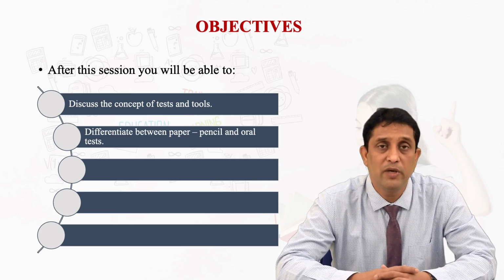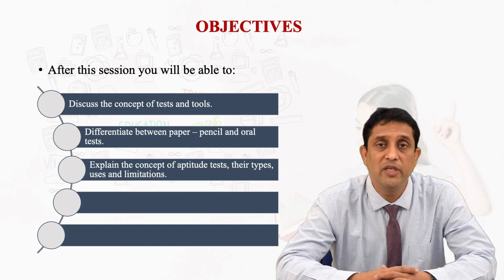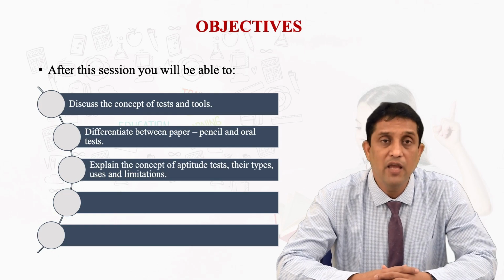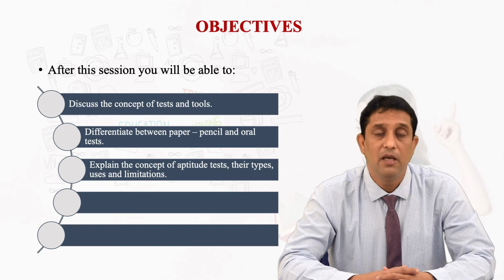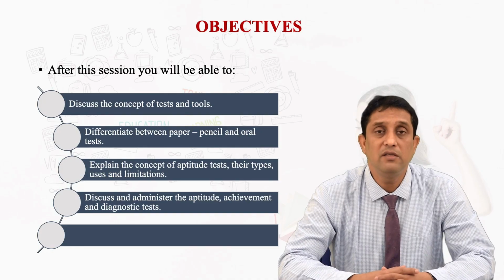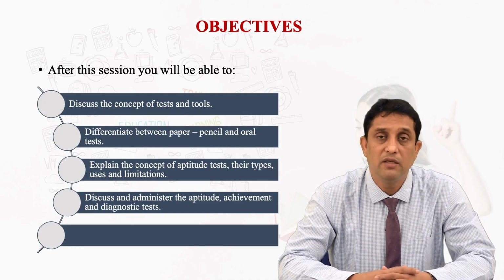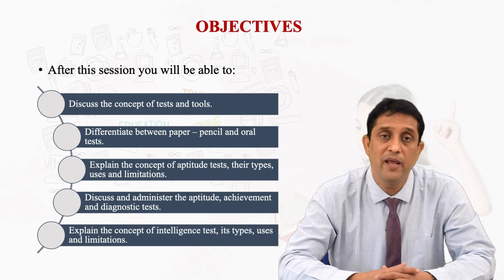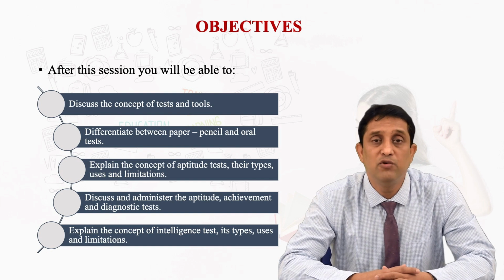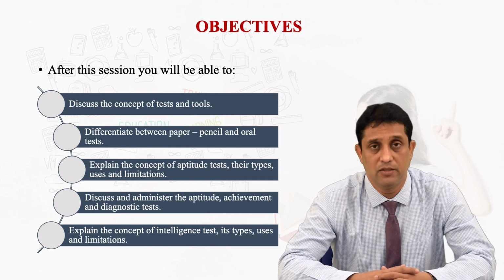Then you will be able to explain the concept of aptitude test, its types, uses and limitations. Then you will be able to discuss and administer aptitude, achievement and diagnostic tests, and explain the concept of intelligence test, its types, uses and limitations.